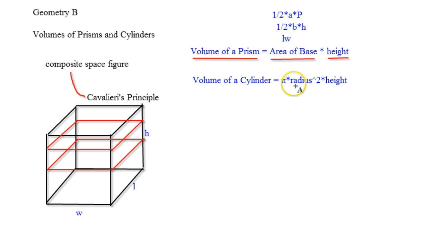Now, the volume of a cylinder is going to be pi times radius squared, which is, as you guys probably recognize, the formula for the area of a circle, times the height. So what you're going to be doing is just multiplying the height by that. Now, the ideas behind this actually come from Cavalieri's principle, in that if you take these subsections, they're always going to be consistent right there.